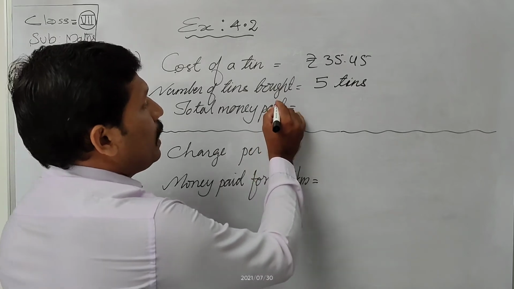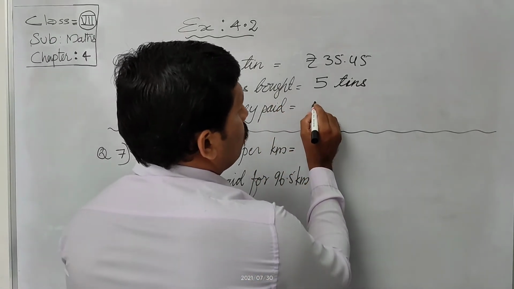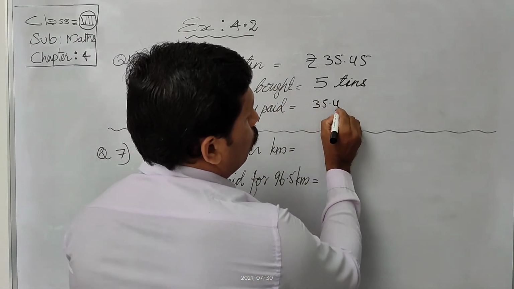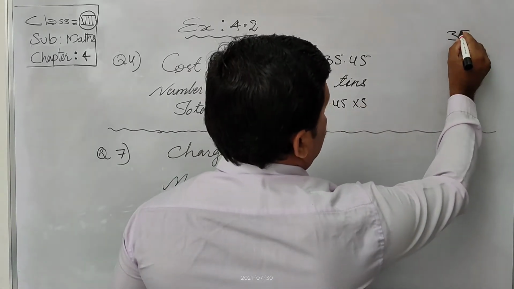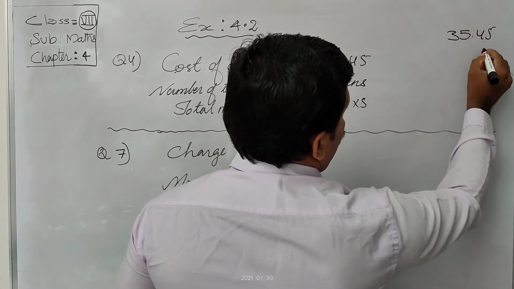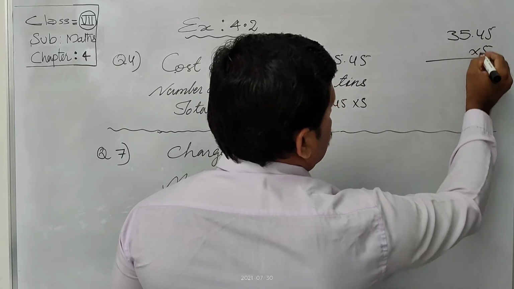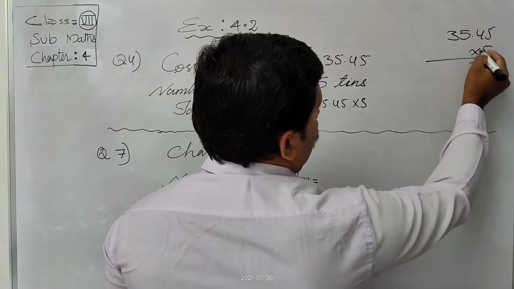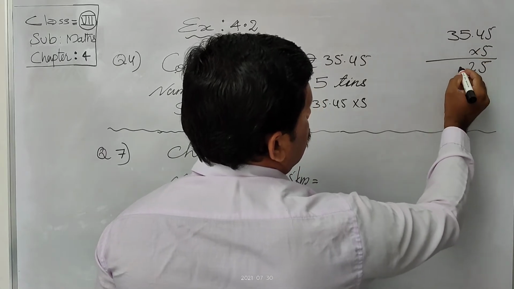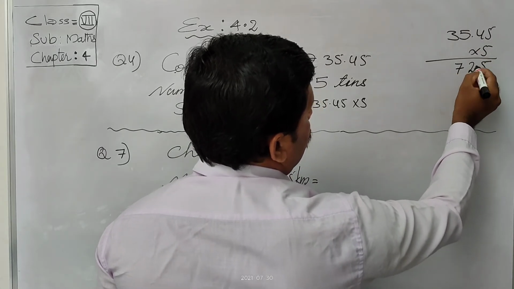To find out the total money paid by him, we have to multiply 35.45 rupees with 5. So on one side we can multiply 35.45 into 5. 5 5s are 25, remainder 2. 4 5s are 20 plus 2, 22, remainder 2. 5 5s are 25 plus 2, 27, remainder 2.